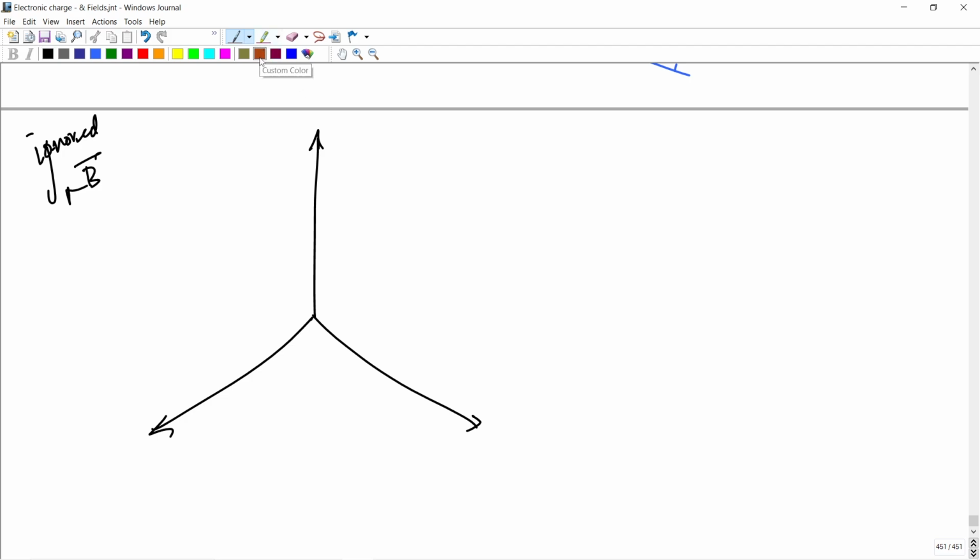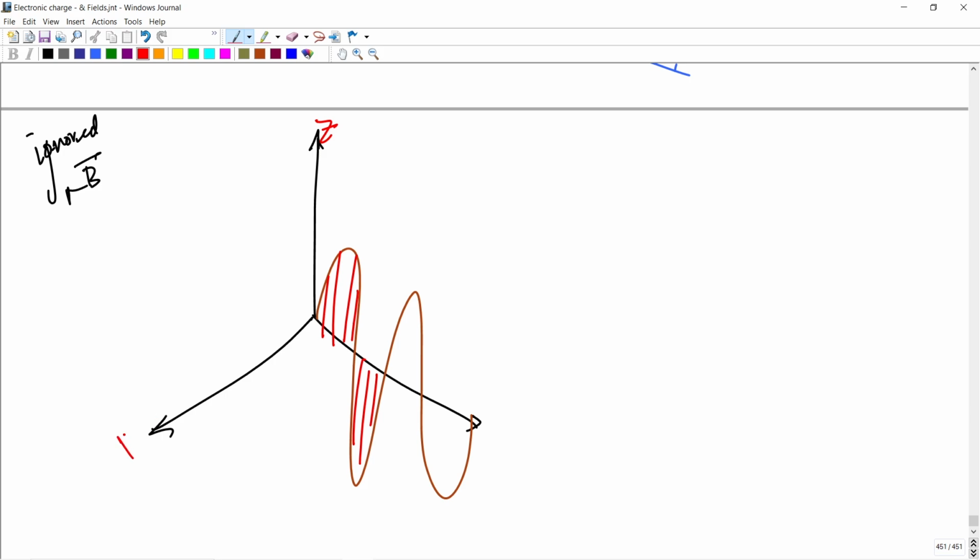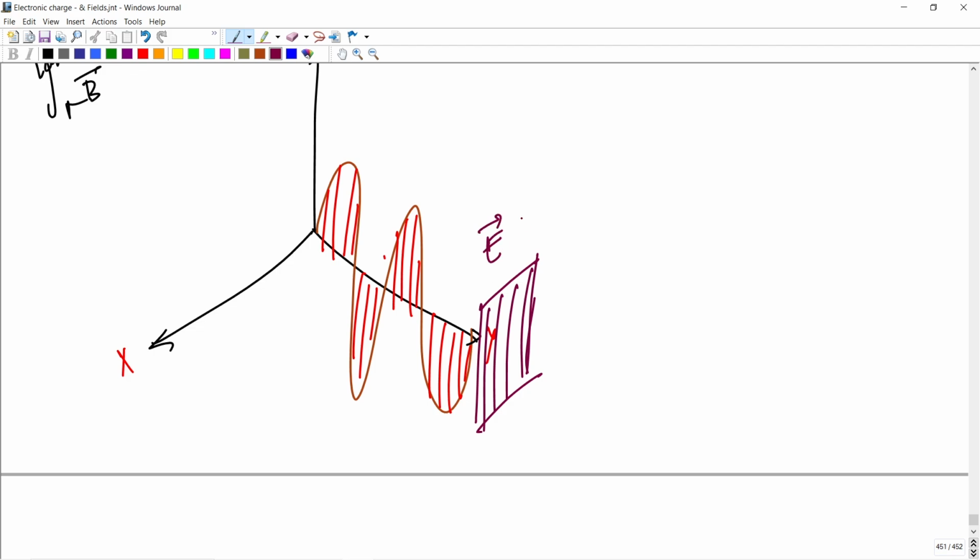This is called the plane of oscillation for the electric field.